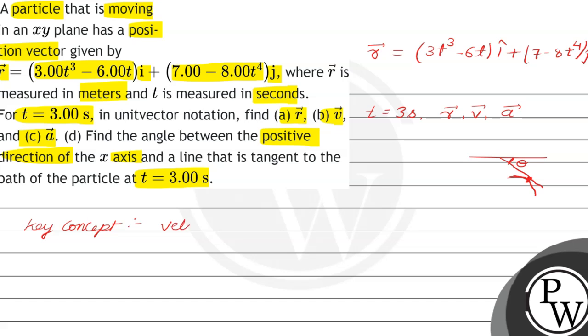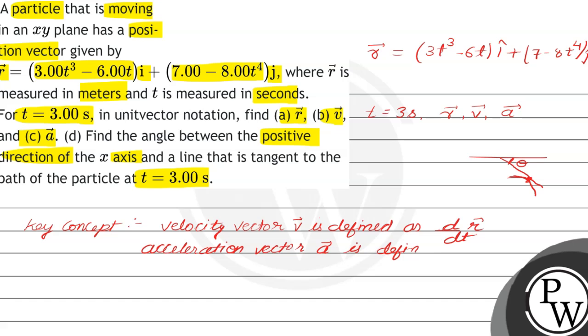which says the velocity vector v is defined as differentiation of position vector r with respect to time, and acceleration vector a is defined as differentiation of velocity vector with respect to time t.